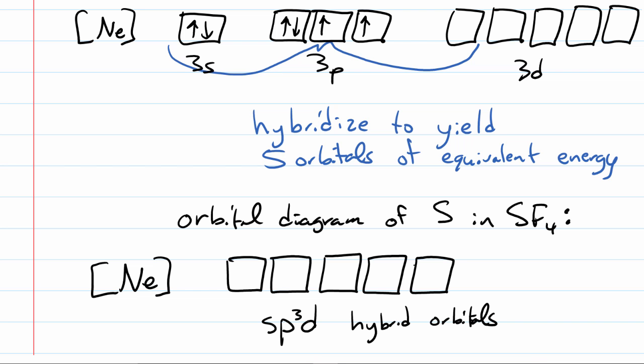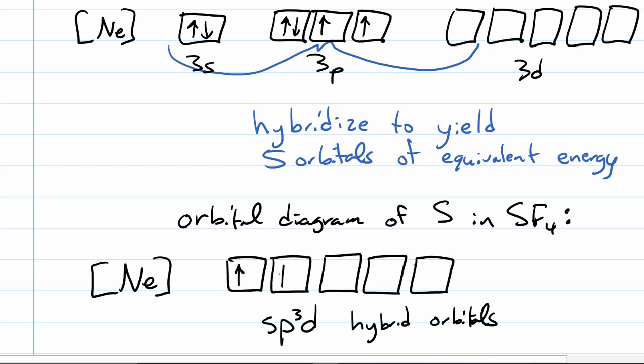Then what we're going to do is take these valence electrons. How many valence electrons does sulfur have here? 2, 4, 5, 6. So we're going to place those 6 electrons into here, just using the same rules as we did before.